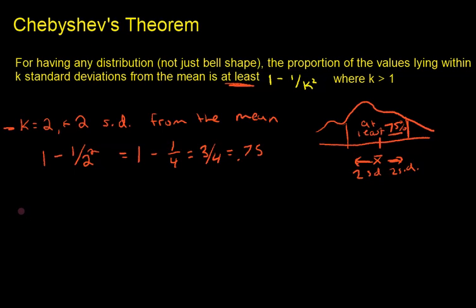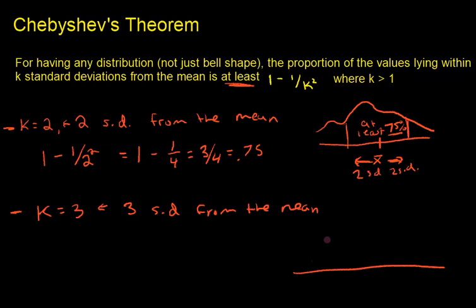One more example, say k equals 3. So 3 standard deviations from the mean. Again, say you have some distribution. It doesn't matter what the distribution is, it doesn't need to look normal.